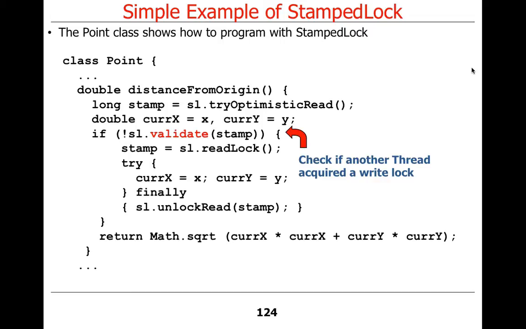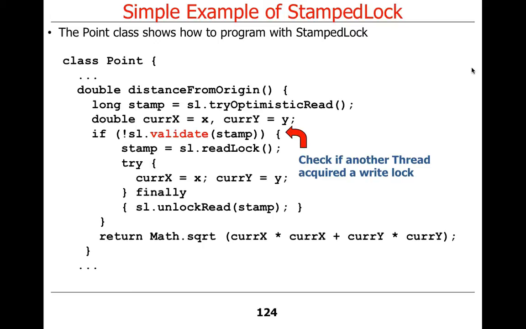In fact, they're doubles, so chances are they will be garbage if they were being changed at the same time. Or, if they were ints or something, one might be the right value and the other might be the wrong value. So the minute validate returns false, we don't know what the heck the state is.